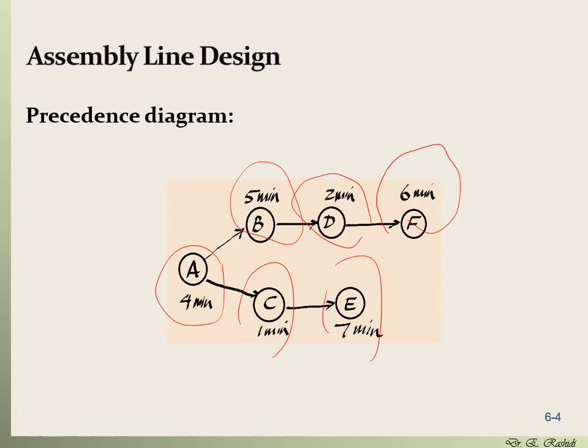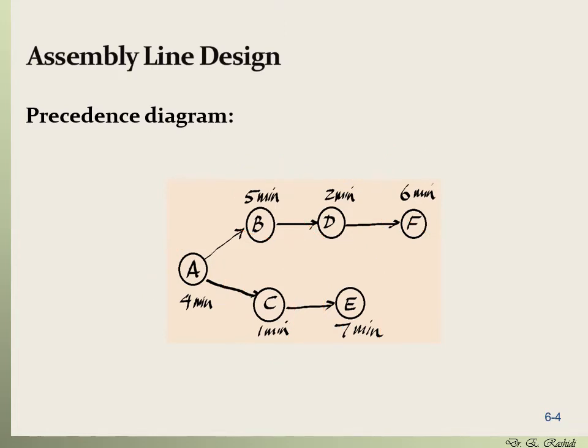Between these two tasks, C and E, there is a 6 minute difference in processing time or workload. So what we want to do is bundle these tasks together into workstations such that the difference between workstations is minimized, which is called balancing the line.